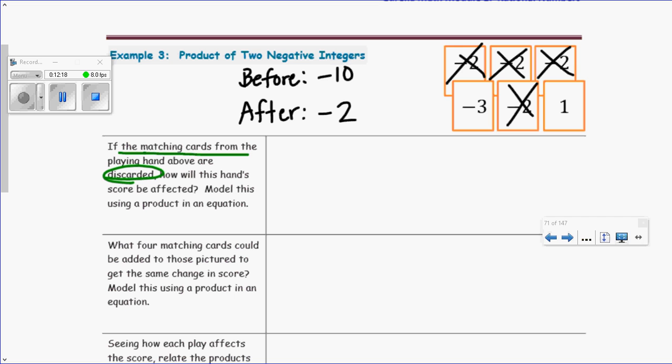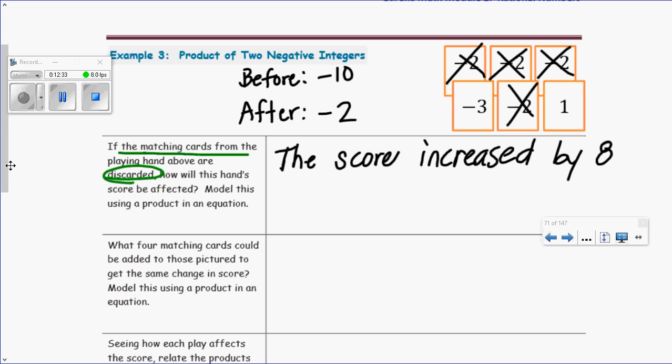It actually went up, or increased, by 8, from negative 10 to negative 2. So on the number line, that's going to the right 8 units.